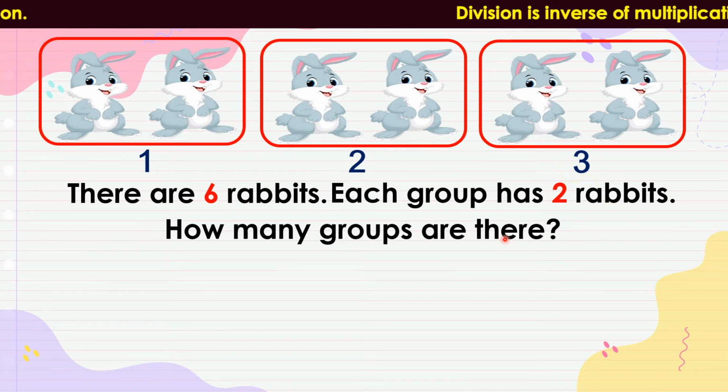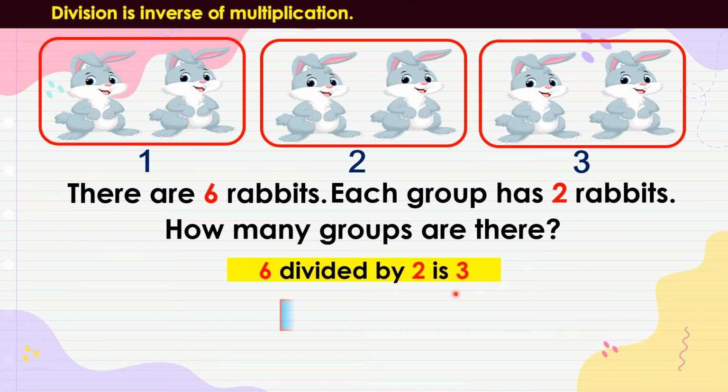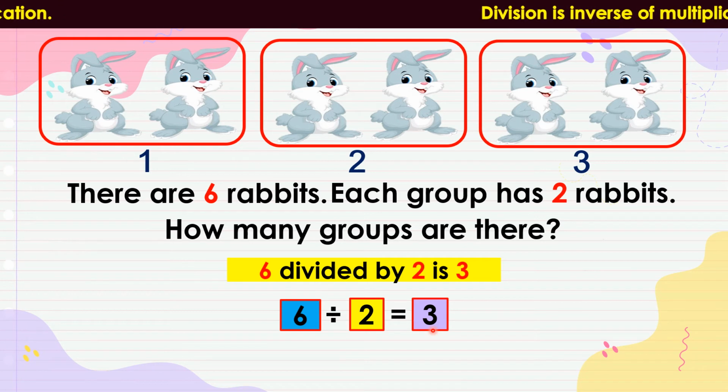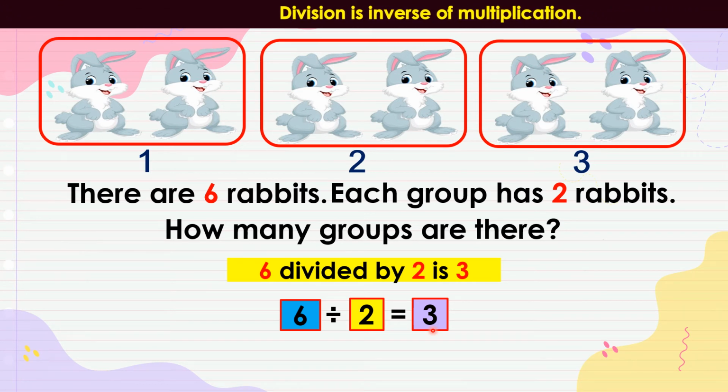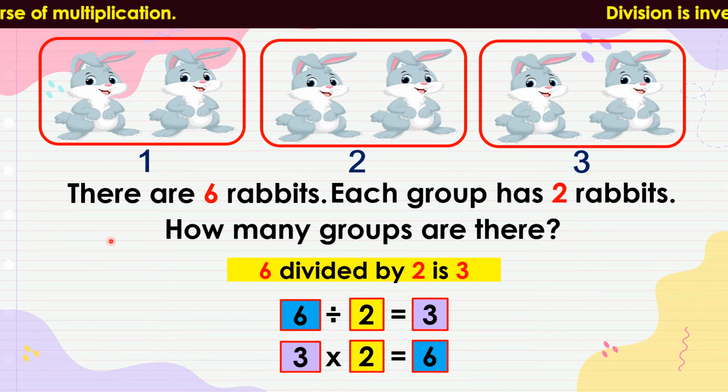There are 3 groups of 2 rabbits. 6 divided by 2 is equal to 3. Now, let's inverse to multiplication number sentence. 3 times 2 is equal to 6.